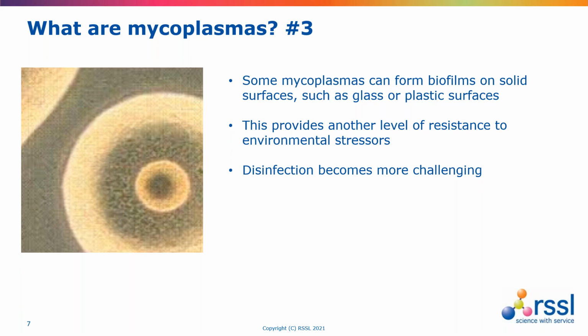And this presents another level of resistance, particularly to disinfectant agents, and also to a variety of environmental stresses as well. So it leads to the mycoplasmas becoming relatively hardy compared to many other vegetative bacteria.